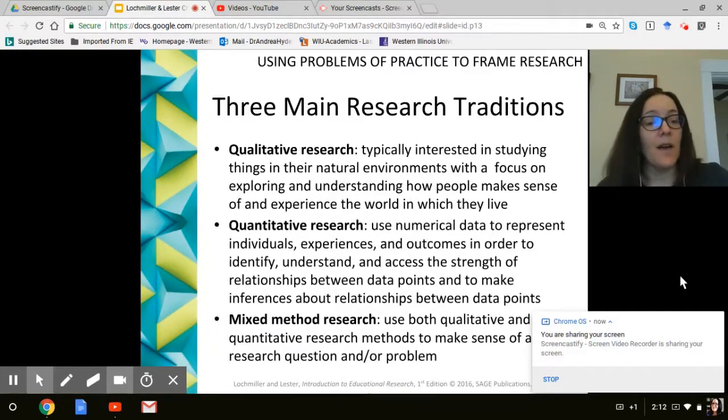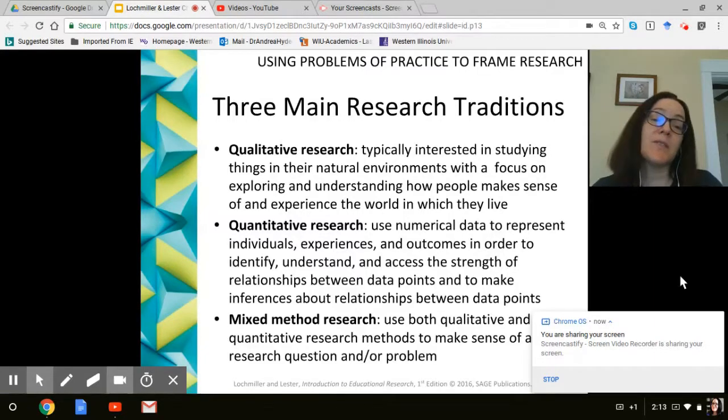And then mixed methods research is any research approach that uses both qualitative and quantitative research methods. Now, if you have read about mixed methods research on your own, it's a developing field of study.